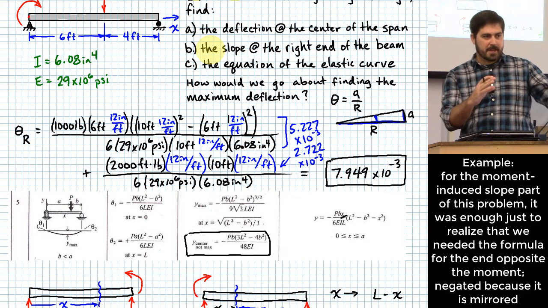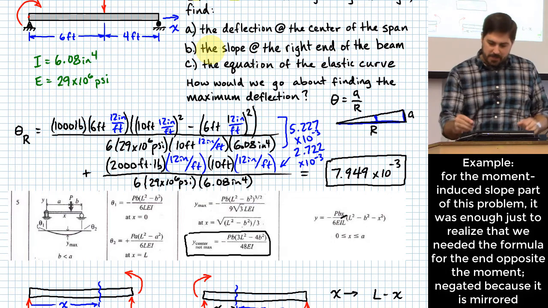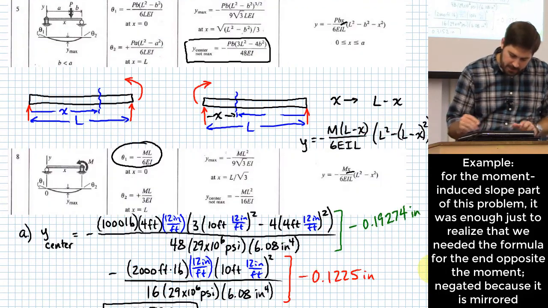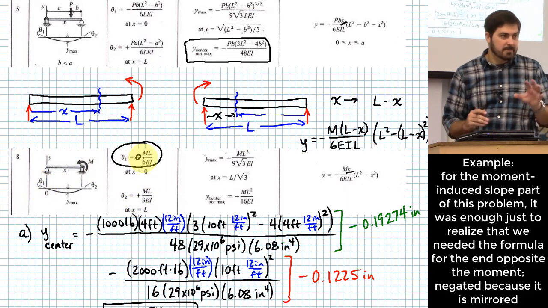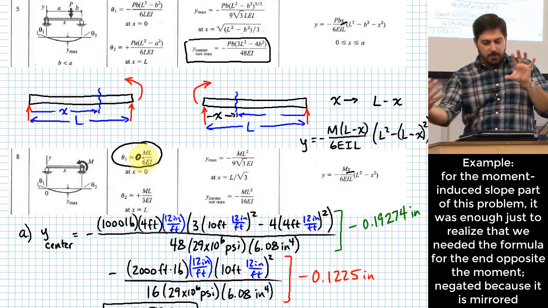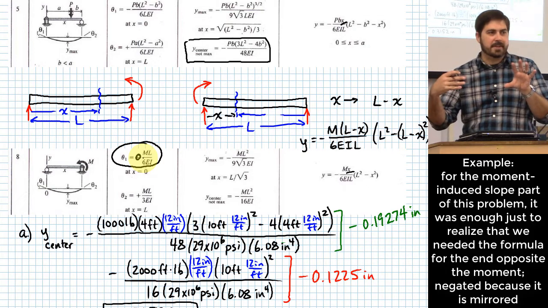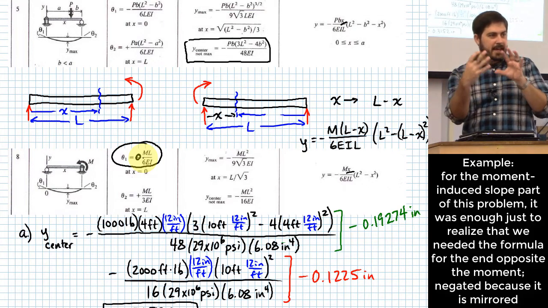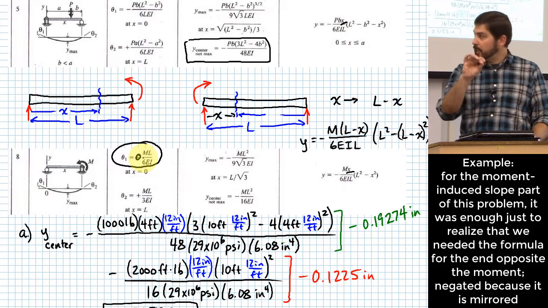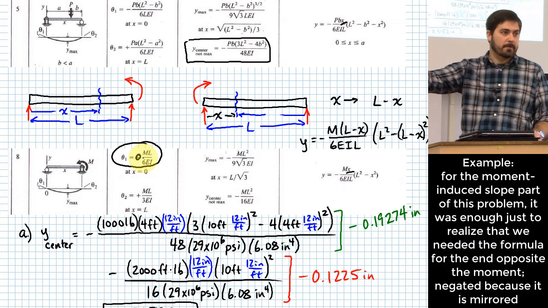It'd be the same thing, just negated and at the opposite end. So instead of using theta 2 directly like I would have, I said, no, really what I need is the one that's opposite of where the moment's being applied, and I don't need this negative sign, which is what you get by just viewing this from the back side. You don't need to actually line it up with any x coordinate or anything like that. You're just noticing that is the orientation that gives you that parameter that you're looking for.